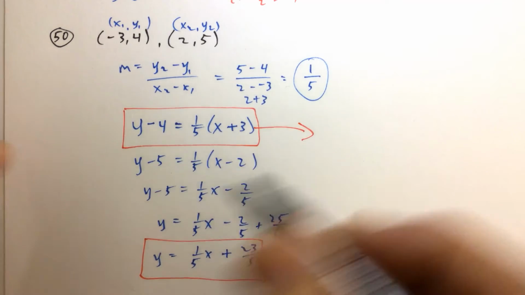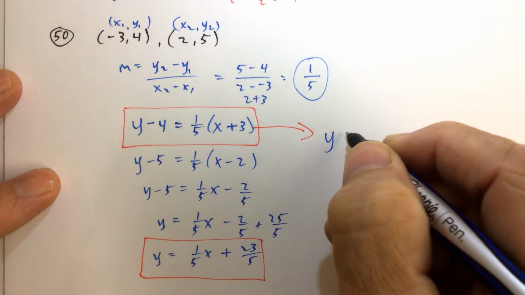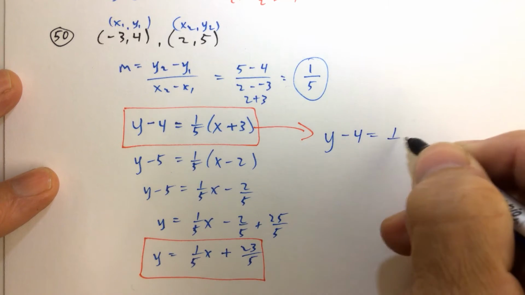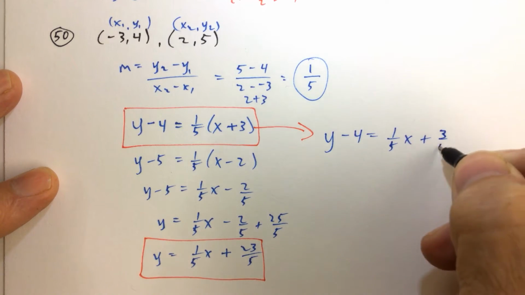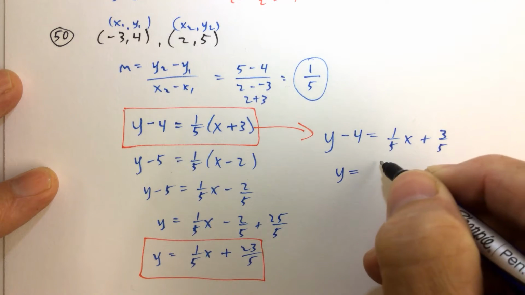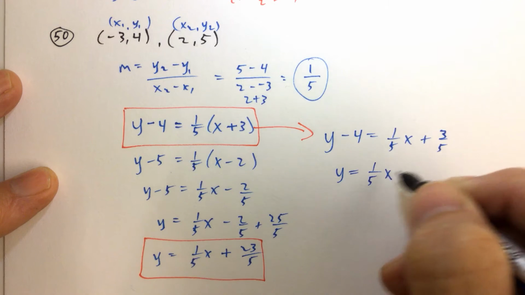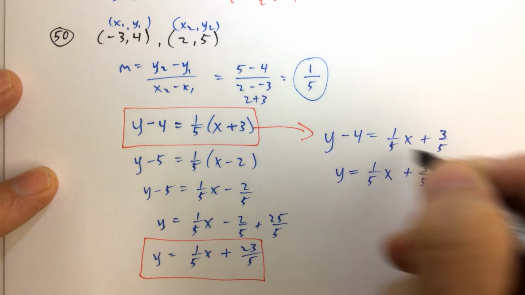So there's our equation of the line in slope-intercept form. And let's take this other equation and put it in slope-intercept form. So we have y minus 4 equals, we're going to distribute the 1/5 x plus 3/5. And if we add 4 to both sides, we're going to get y equals 1/5 x plus 3/5 plus 4.